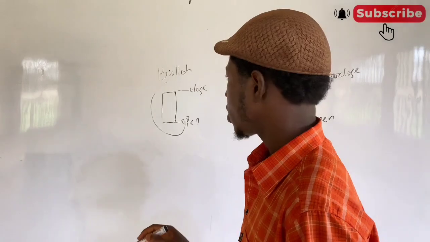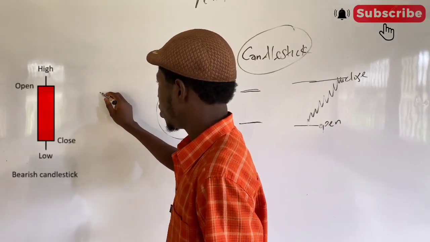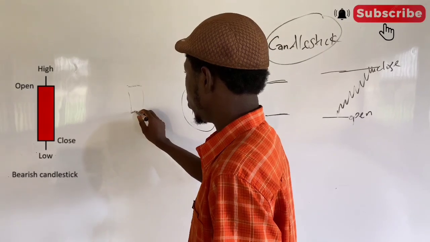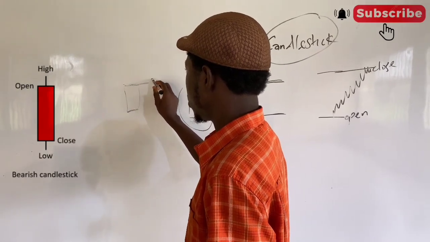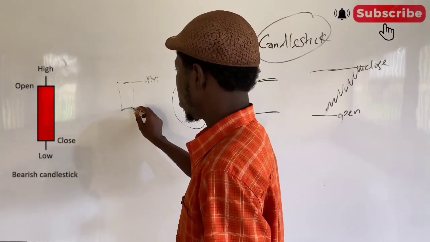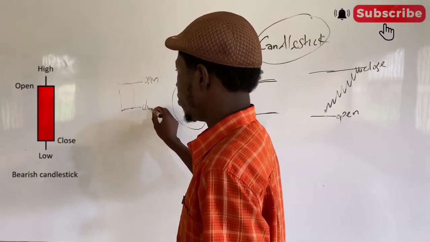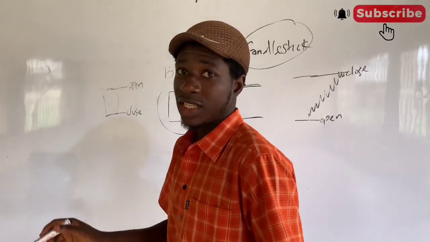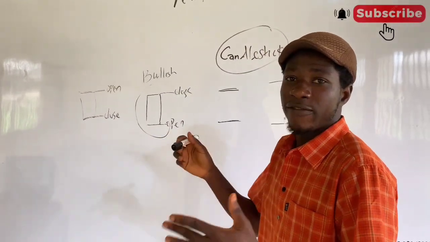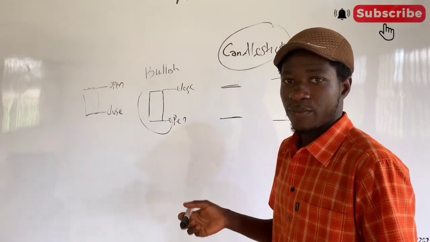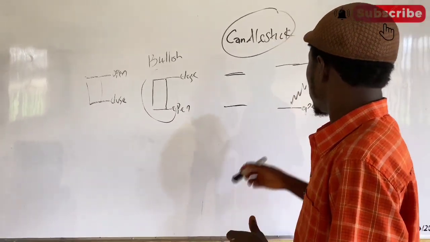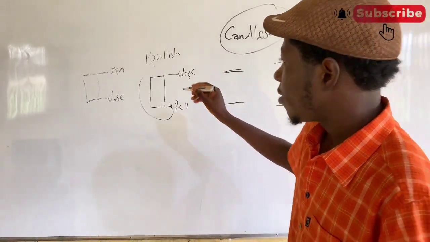And for a bearish candle, this is the open price, and it closes below. So understanding the anatomy of each candle tells you at every price point who is particularly in control of the market. With this, we also have the high.